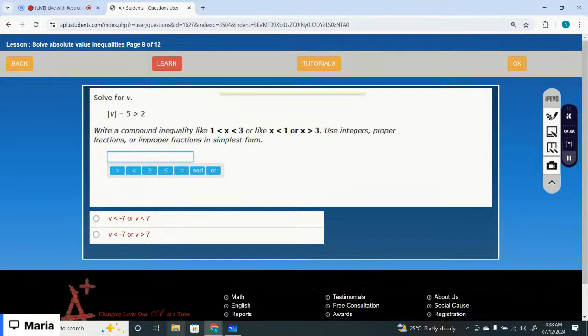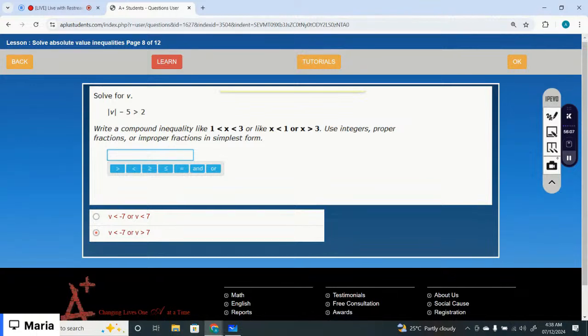Option number 1 is the correct option. Option number 2 is the correct option. Okay, you can complete the lesson by yourself later today.